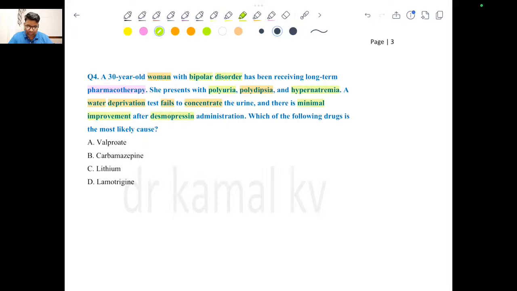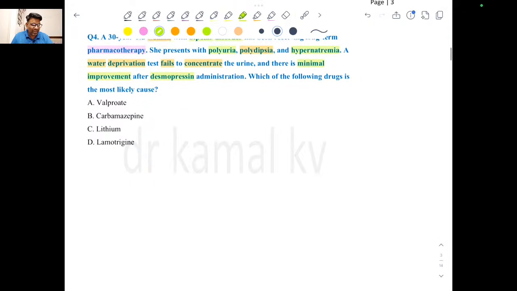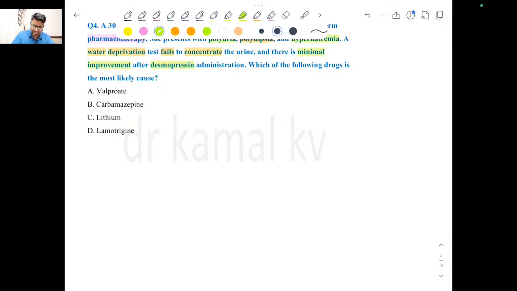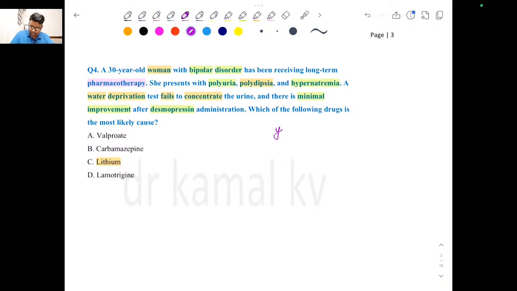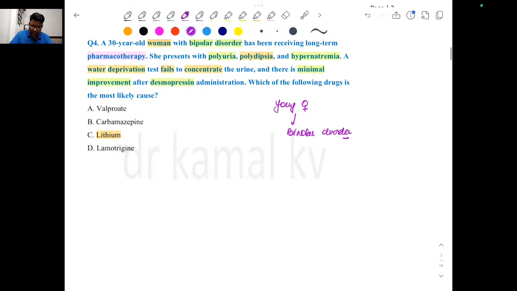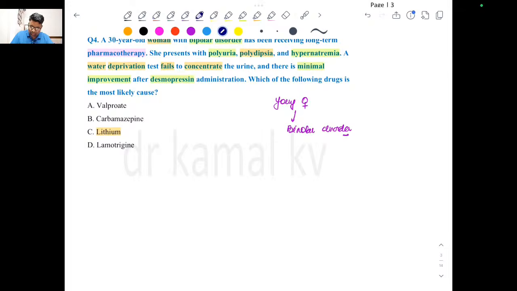So yes, I think everyone is right. Priya, Vikas, Shamim, everyone is right. This is classical lithium, right? So what is happening here? Young lady with bipolar disorder, and yes, we know that for bipolar the agent of choice is lithium. Now what is happening here?